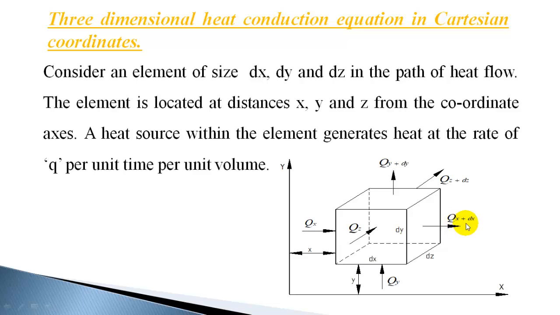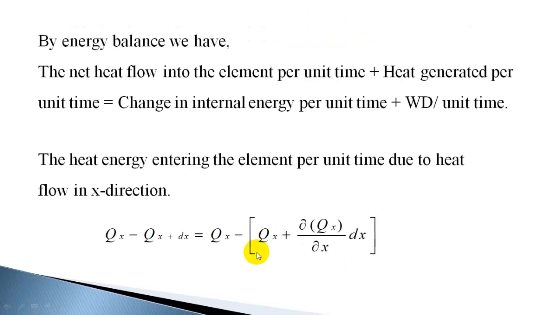So qx plus dx is qx plus the rate of change of this with respect to x into the element length dx. That will give the net heat flow into the element as a result of heat flow in the x direction. Qx cancels, and you get minus del by del x of qx dx.